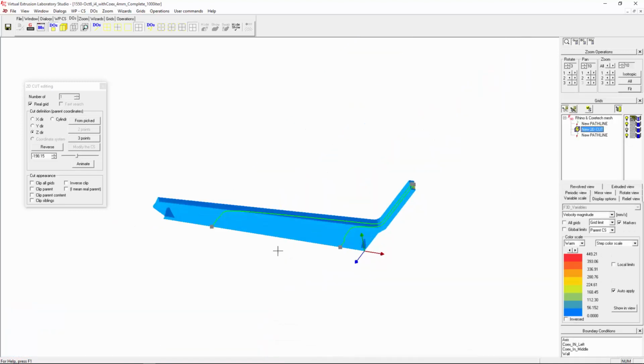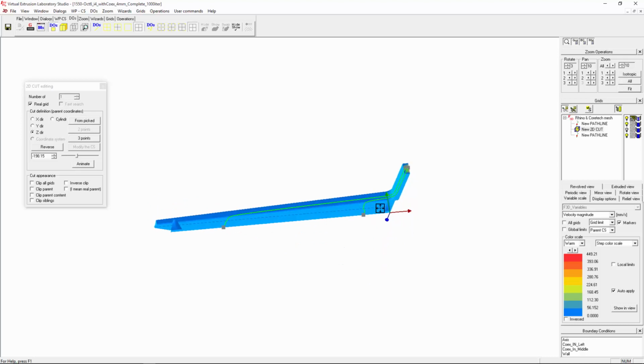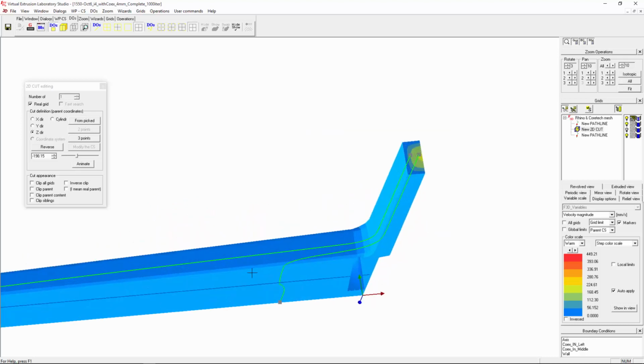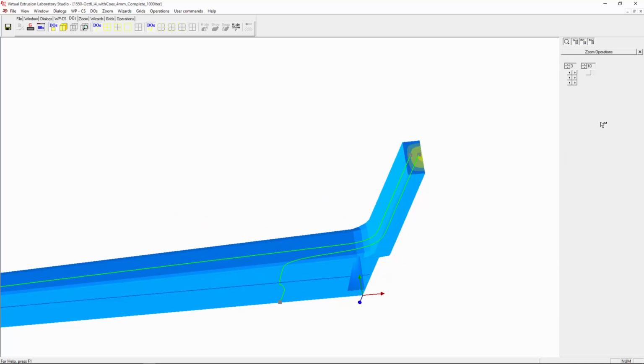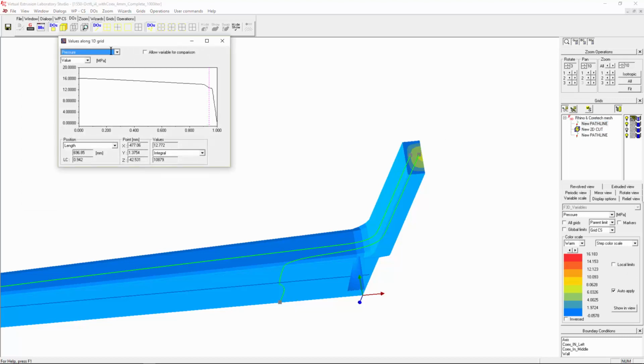And now we can see that the path lines are going straight through as we were expecting. When we look at the velocity direction, we see that it's very straight. So now I think this problem has been solved.